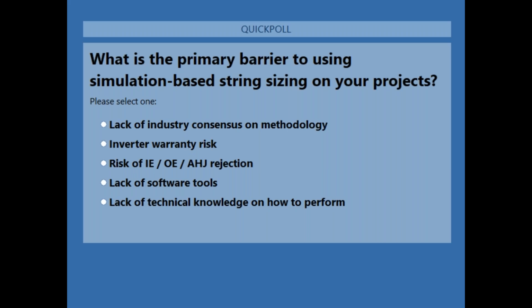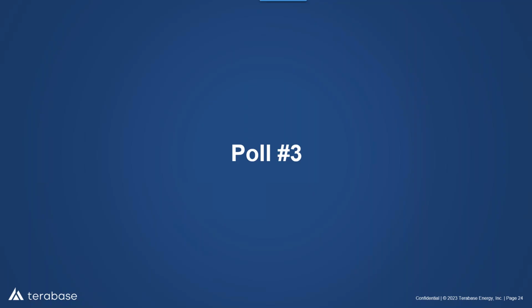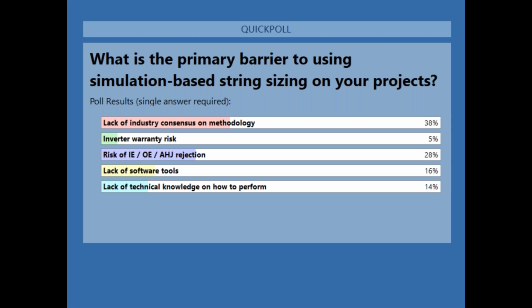Seeing some statistics coming in. It looks like kind of similar numbers coming in for lack of industry consensus and risk of IE, OE, AHJ rejection. Okay, so it looks like the polls have closed.